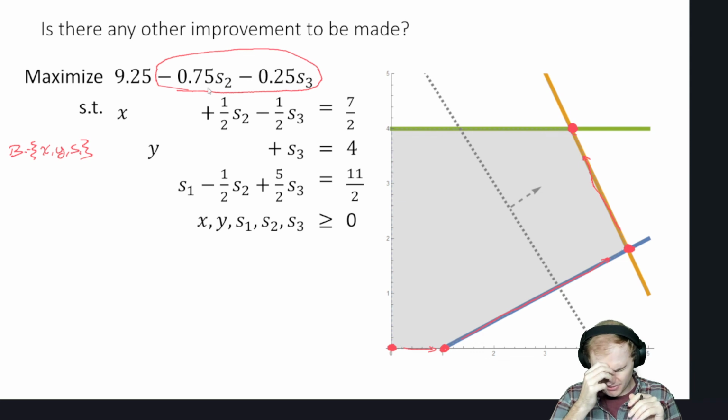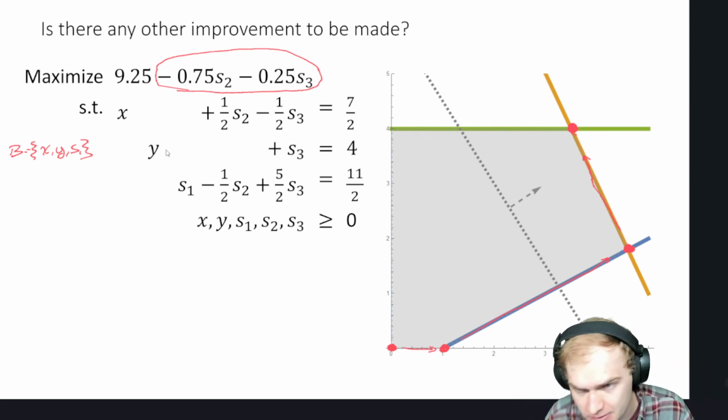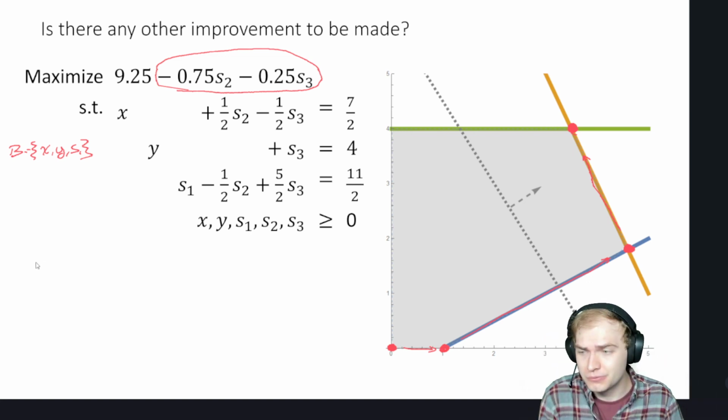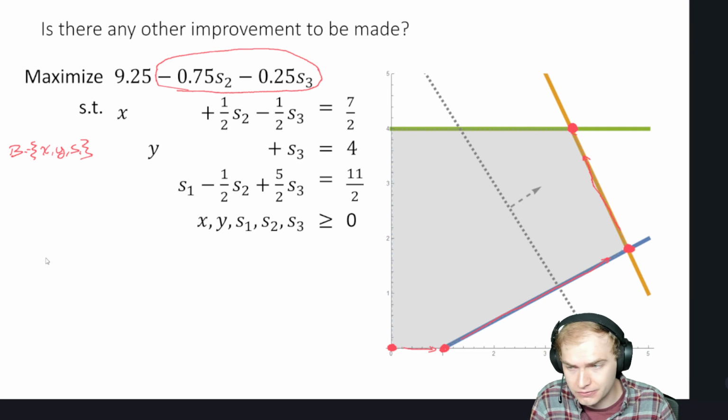So just to reiterate the sort of step-by-step process of this, and point out what's important for us to remember going forward.